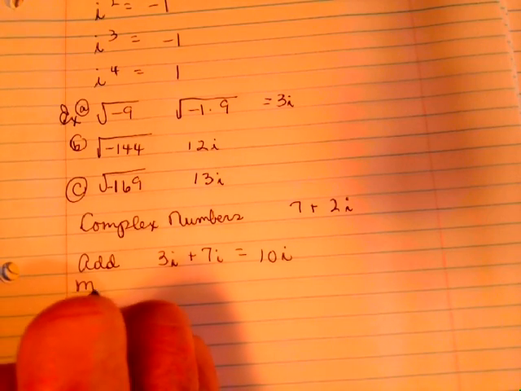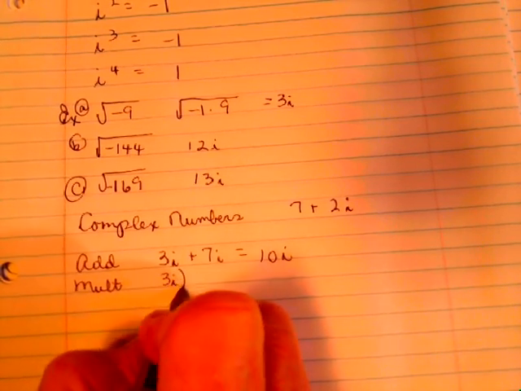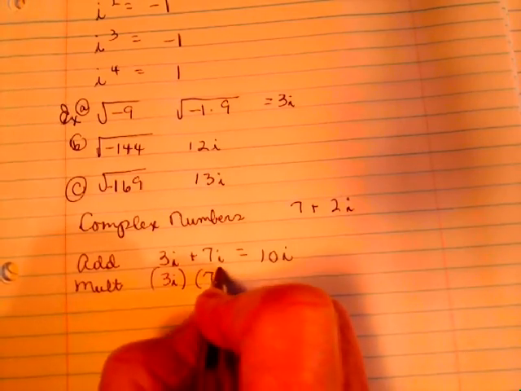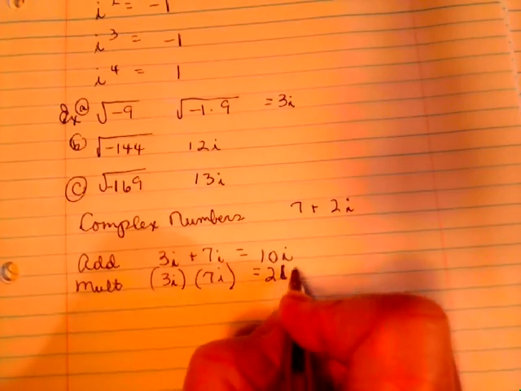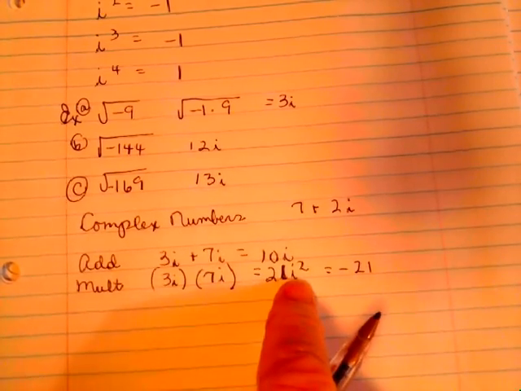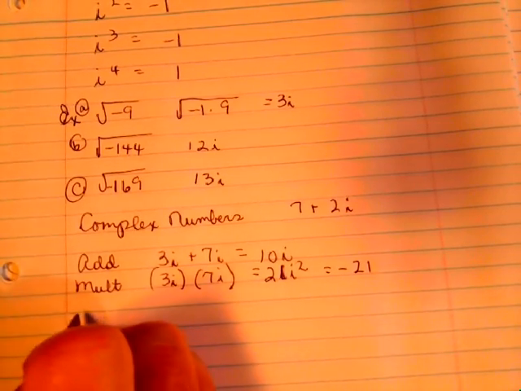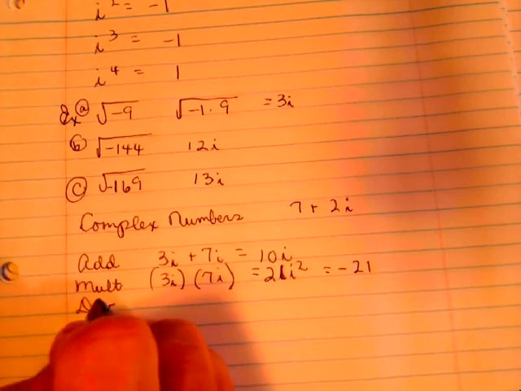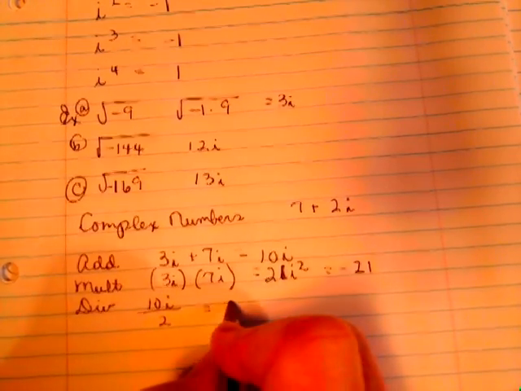You can multiply them. 3i times 7i is 21i squared, which is -21, because that i squared, remember, is -1. You can divide them. 10i divided by 2 is 5i.